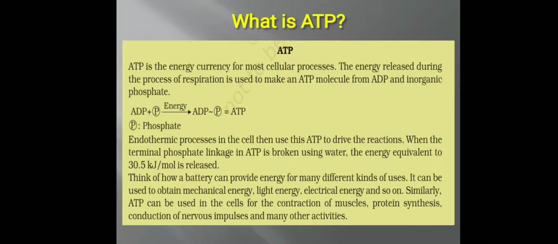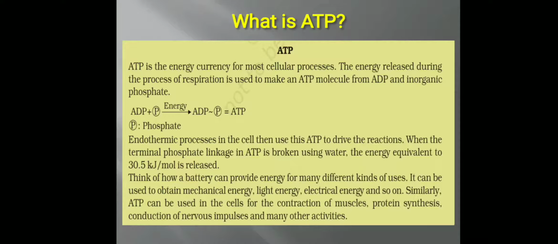During this time, energy is utilized, so this reaction is called an endothermic reaction. But respiration produces energy, so it's called an exothermic reaction. Is that clear, children? Here the circled P is denoted as phosphate. Endothermic processes in the cell then use this ATP to drive further reactions.